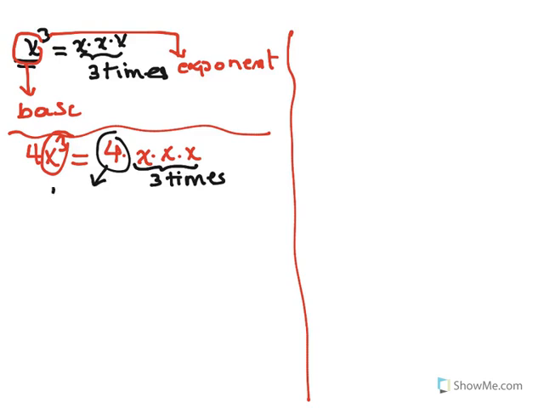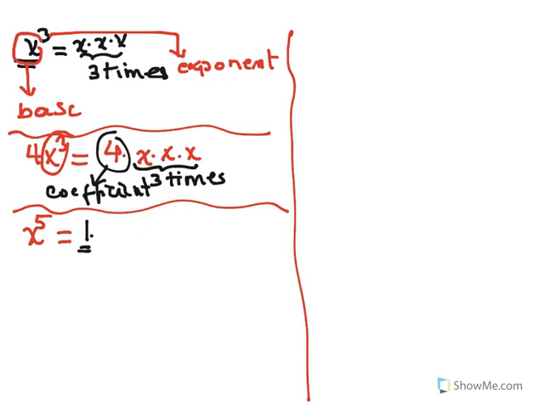This 4 is called a coefficient. Okay? If we have an expression such as x to the fifth, x to the fifth has a coefficient of 1. So this invisible coefficient that we see right here is a 1.